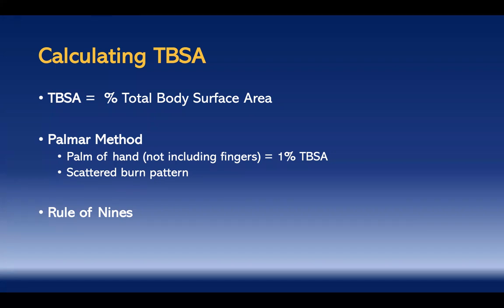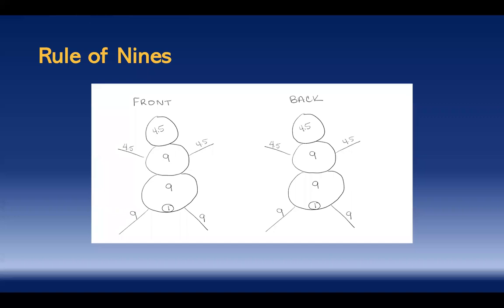And then the second way that you calculate total body surface area is the rule of nines. So the rule of nines gives different percentages to different parts of the body. And you'll notice in this very sophisticated diagram that both the front and the back have separate calculations for percentages.